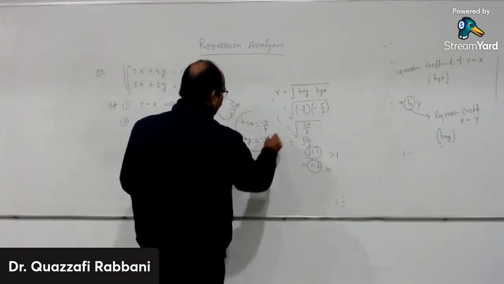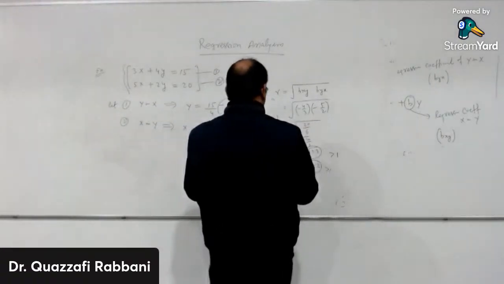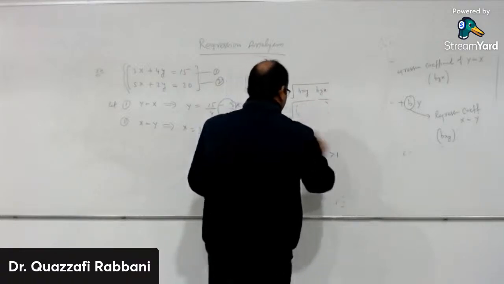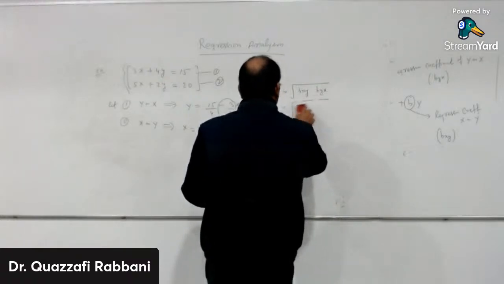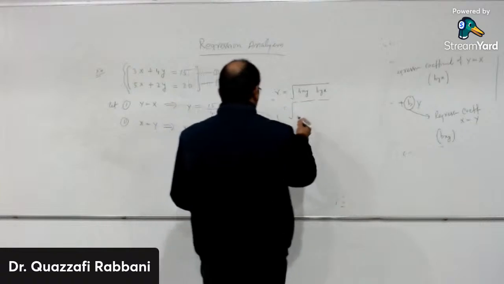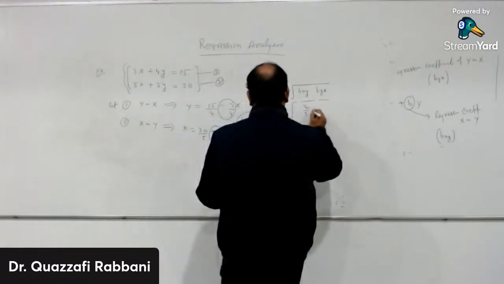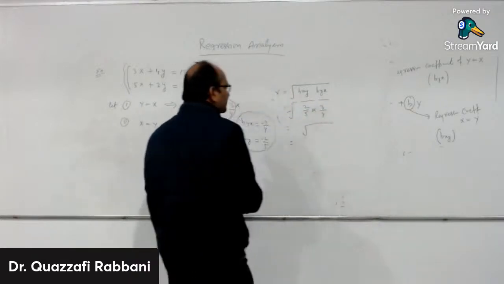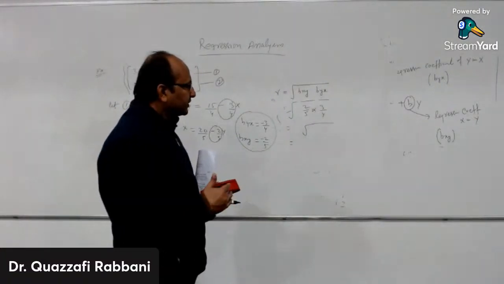Now use these two regression coefficients, byx and bxy. Because both are negative, bxy is 2 by 5 and byx is 3 by 4, and take the negative outside, because the limit of the correlation is minus 1 to plus 1.